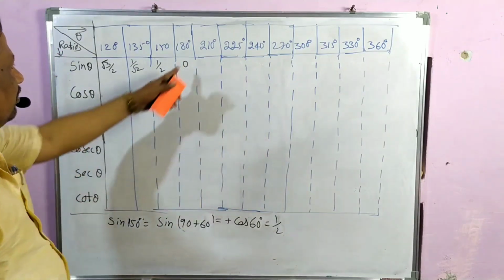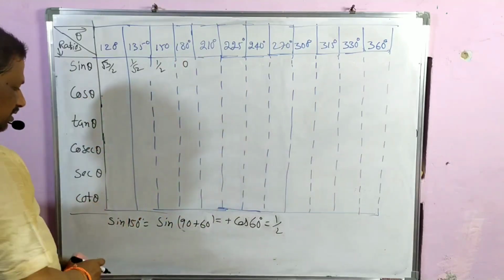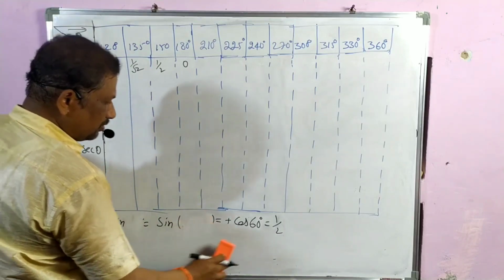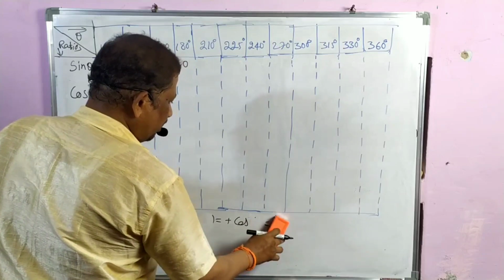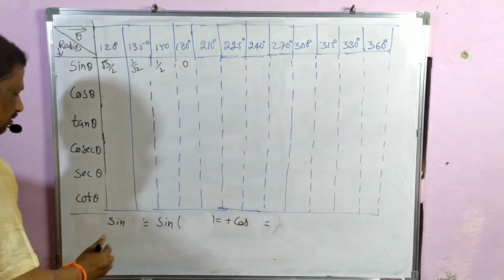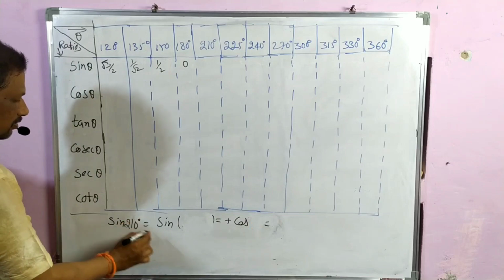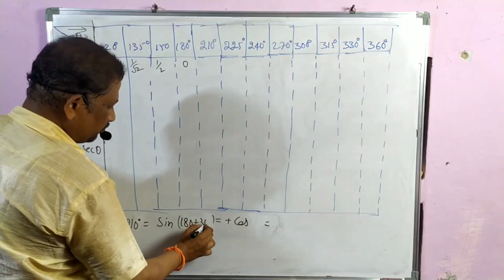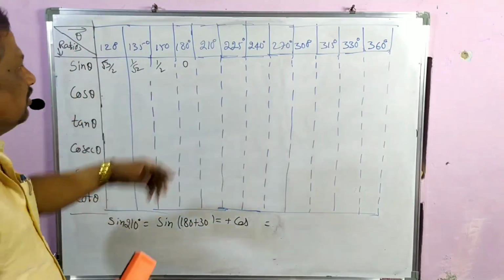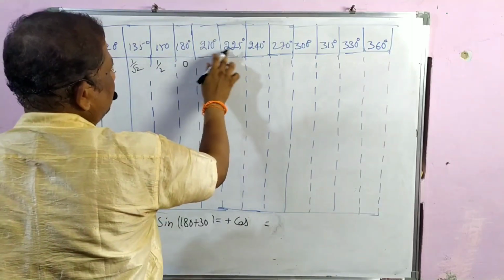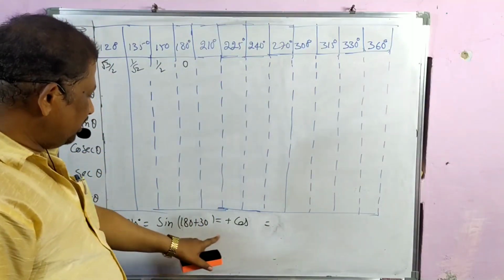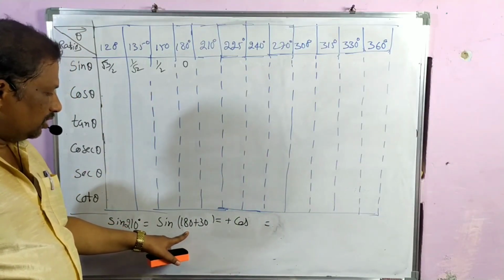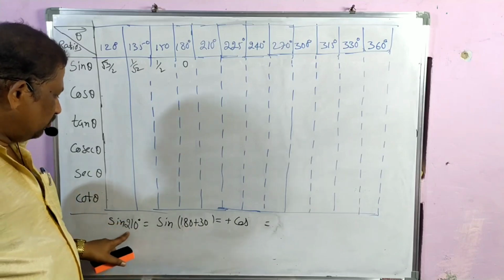Okay. In the same way, 210 degrees. Sine 210 degrees can be written as 180 plus 30. 180 plus 30 means operating on the x-axis. Otherwise, you can write it as 270 minus 60.